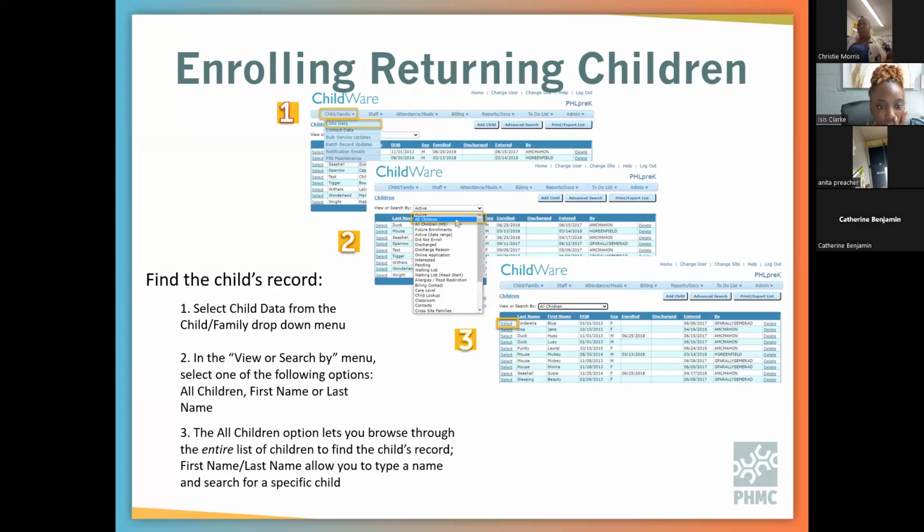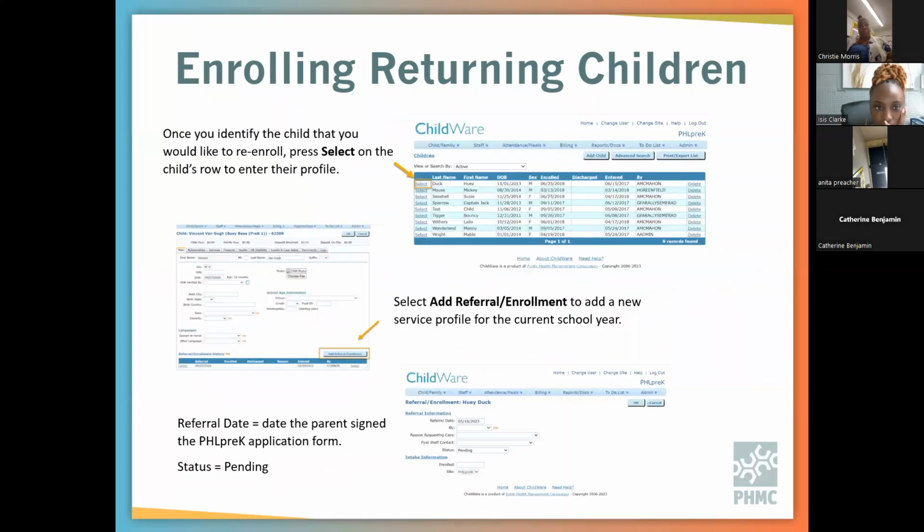So once you've identified the child that you would like to re-enroll, you'll select into the child's profile by selecting select. Then you will see their enrollment and referral history here at the bottom. They may have multiple lines listed here. They should have an end date or have been discharged prior to enrolling them in the PHL Pre-K subsidy.